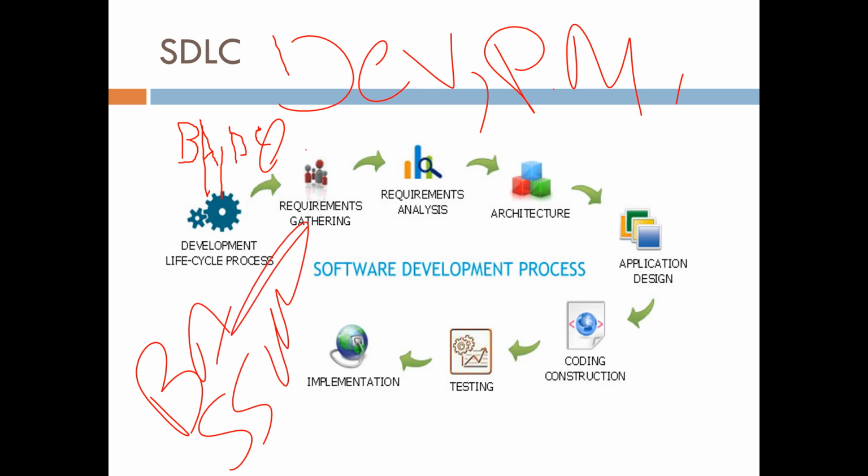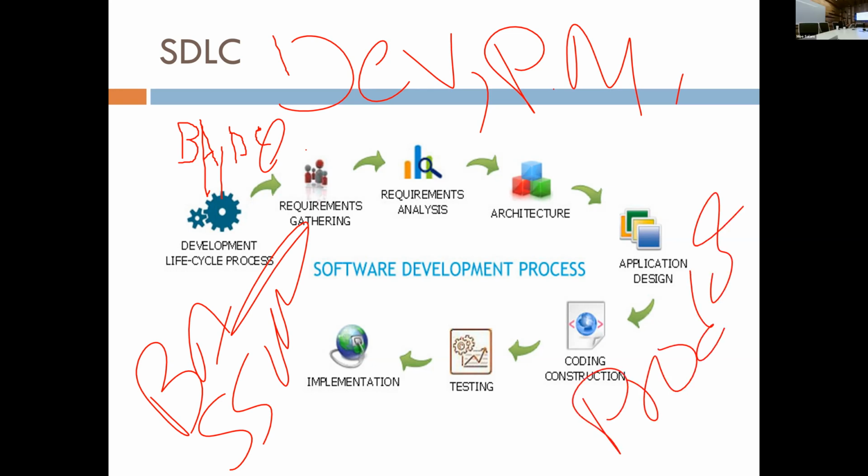The product owner. Product owner, that's Agile. Okay, anyone else? Handwriting is terrible. Okay, so how do we? Anyone else, guys?